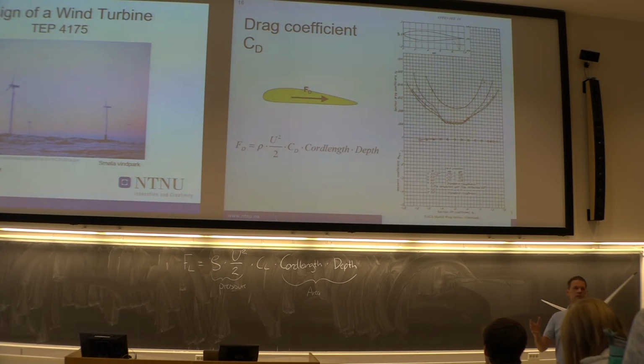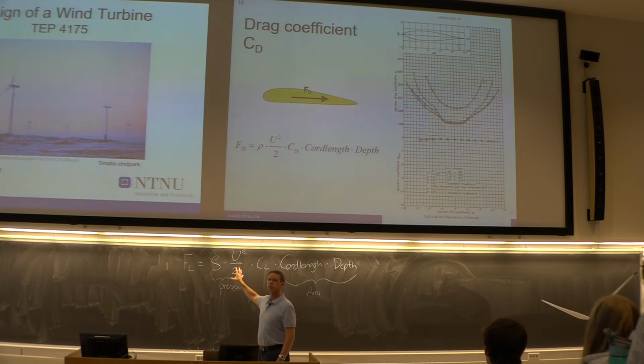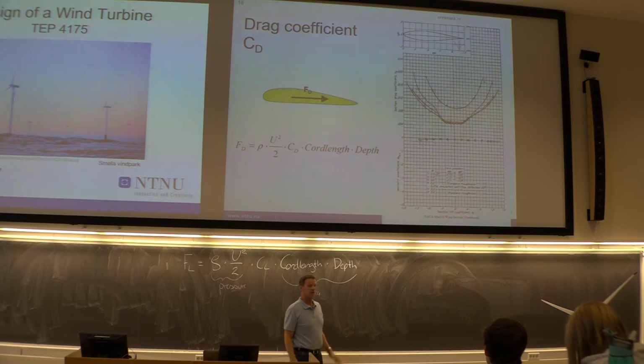So it's a totally different scale. That means that the drag force is a lot smaller. But to simplify the way of thinking, you're using exactly the same equation. You're only changing the coefficient. That's the difference.